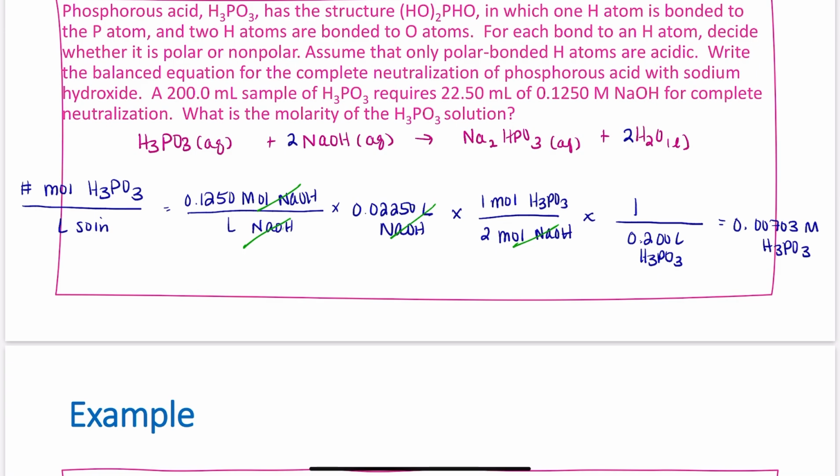Let me check. I need one more sig fig on that. So let me check my calculator quick because I definitely need one more sig fig and I want to make sure to give you guys the right sig figs. I don't know if it's just a 0, if there's actually a number after that. So 0.1250 times 0.0225 divided by 2 divided by 0.2000.